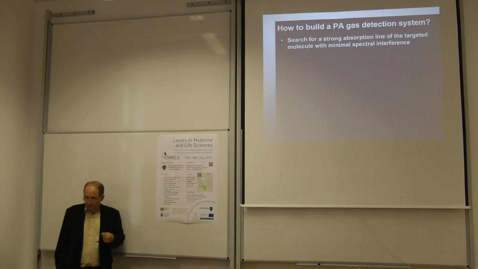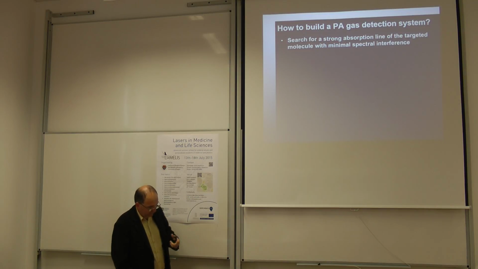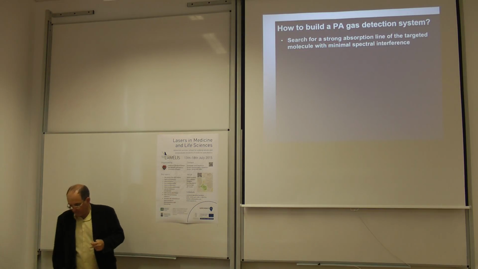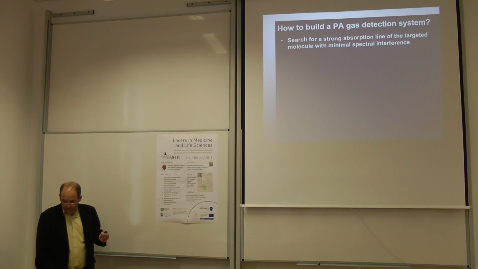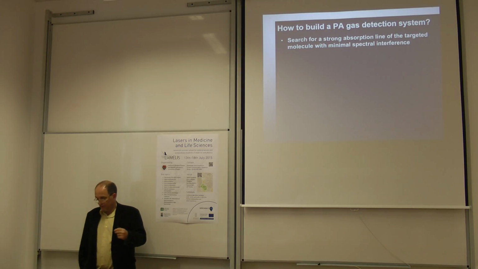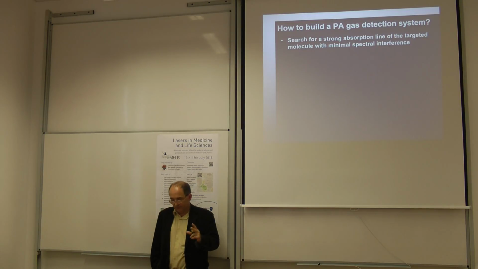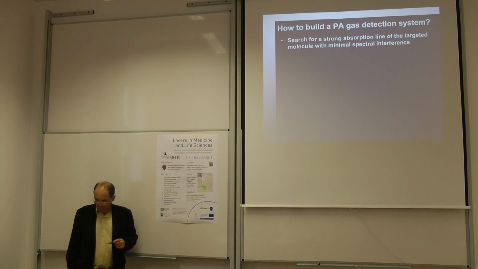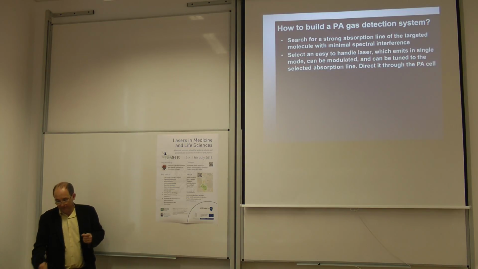So how to build a photoacoustic gas detection system? If somebody asks you to measure a certain gas component, how do you start? First of all, you go to a spectral database, and you search for a strong absorption line of the targeted molecule, hopefully with minimum spectral interference from other components which are also present or might be present in the gas you want to measure.